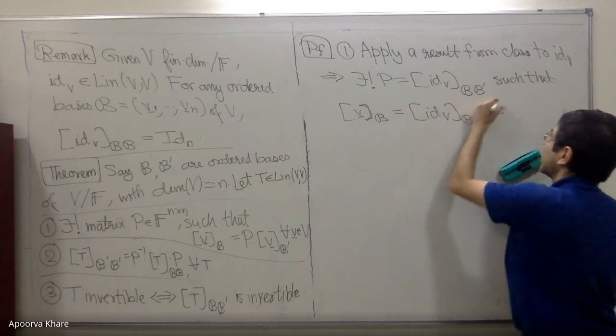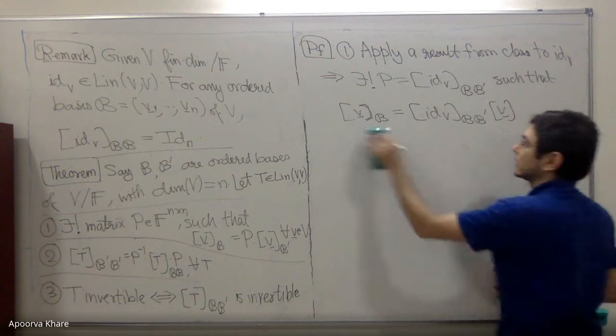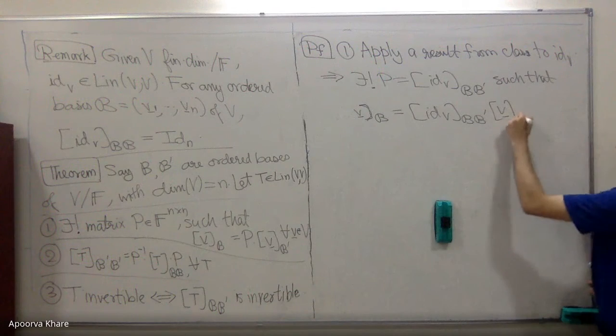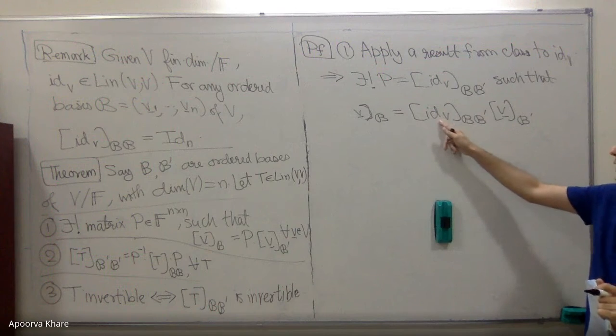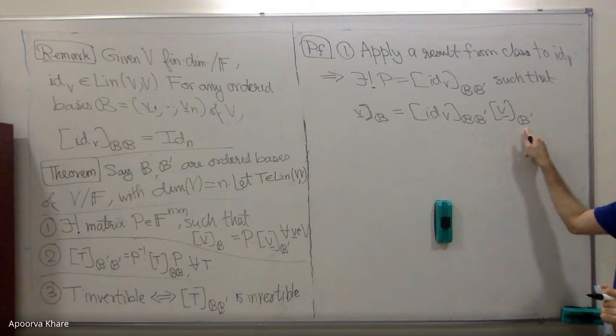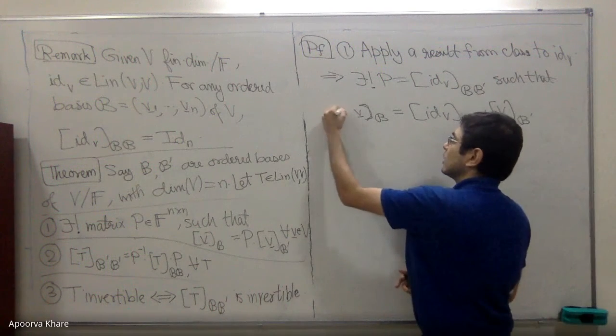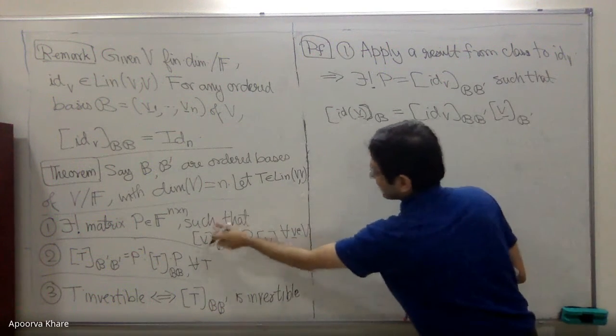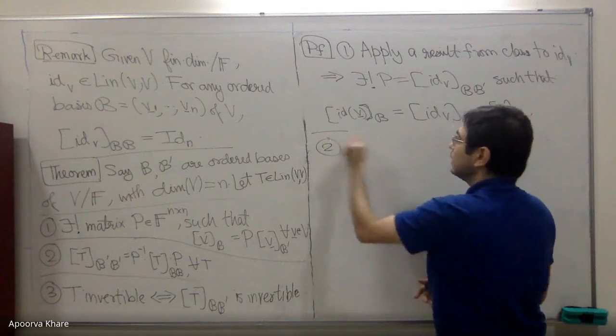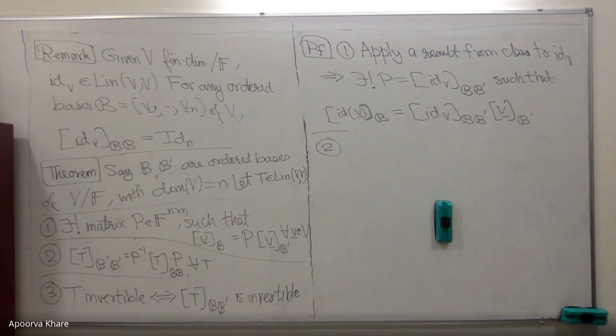So the point is this: what happens if you apply the identity transformation's matrix to a vector? You get identity of V, but identity of V is just V, and that's exactly this. So that is part one. There is a unique matrix P by the class.